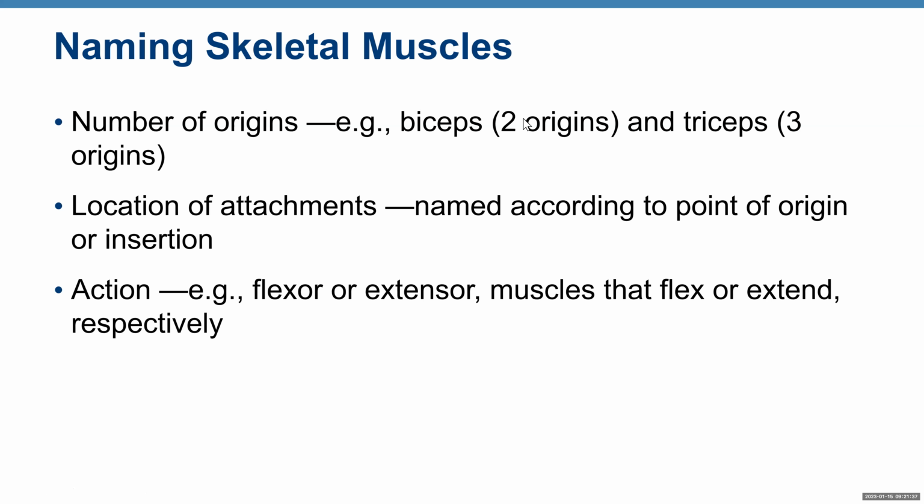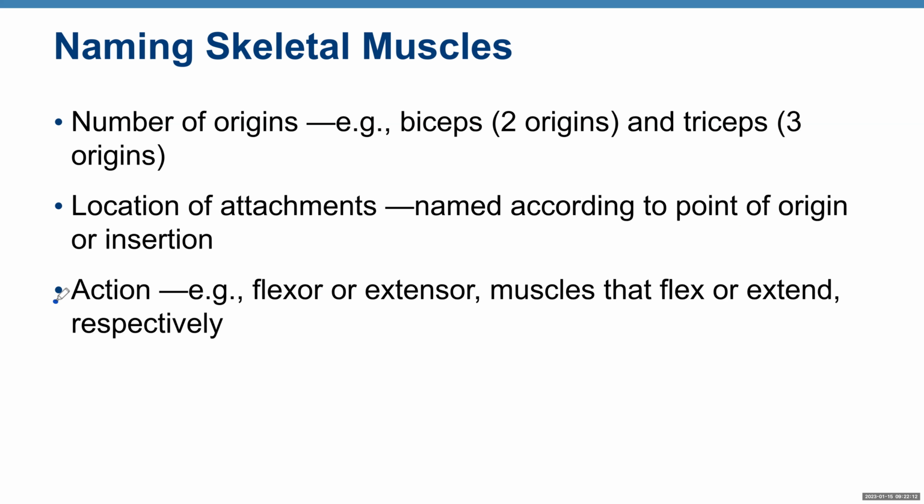Number of origins. For example, biceps brachii, triceps brachii: two origins for biceps, three origins for triceps. Biceps femoris. Location of attachment: named according to the point of origin or insertion, like flexor carpi radialis. Carpi means it's attached to carpal bones.